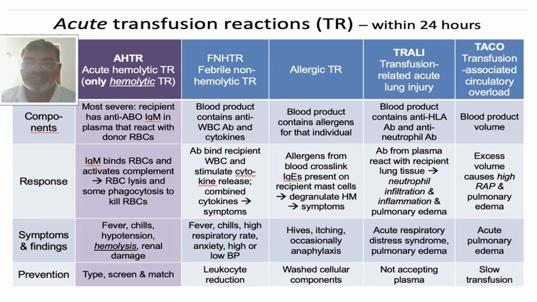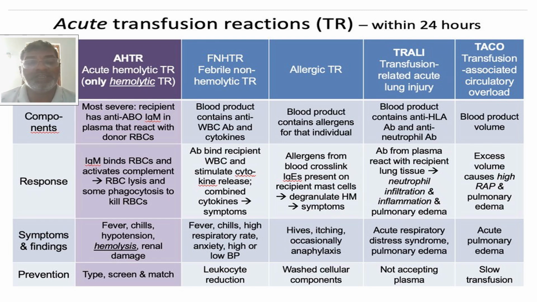Acute transfusion reactions are the transfusion reactions that occur within 24 hours after the blood transfusion. Acute hemolytic transfusion reactions are the most severe ones. The recipient will have anti-ABO immunoglobulin M in plasma that will react with the donor red blood cells.